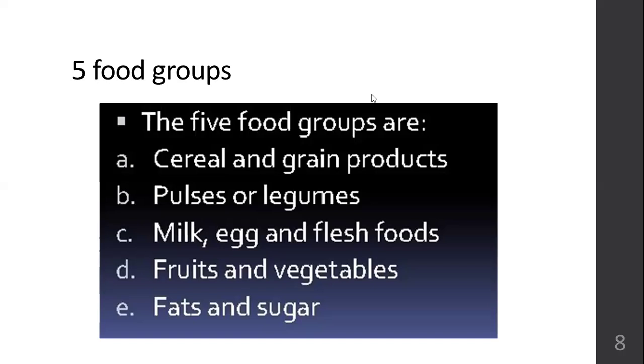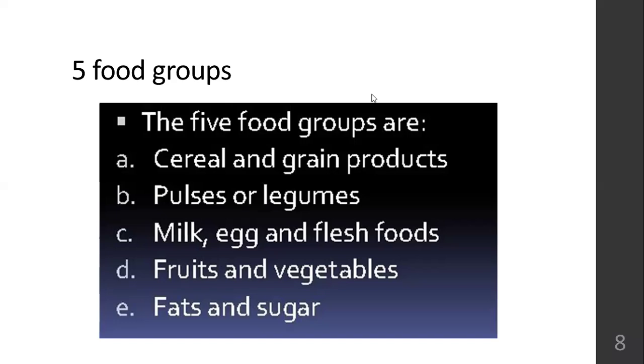Nutrients are your macronutrients, micronutrients, minerals, electrolytes. They come under nutrients: vitamins, minerals, electrolytes, carbohydrates, proteins, fats. These are food groups. So under cereals and grain products, you have your rice, wheat, ragi, bajra, maize, jowar, barley, poha, wheat flour.